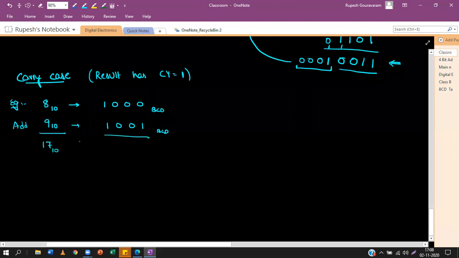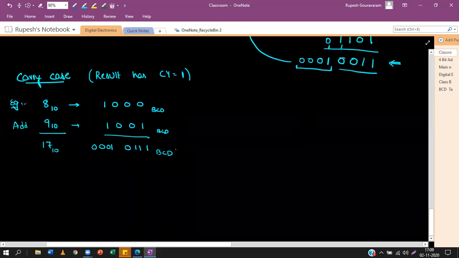We should get 17. 17 in the BCD format is given as 0001 and 7 is given as 0111. Now, if you input these two numbers to the 4-bit binary adder, we expect to get the same value. So let us take this as observation 1.